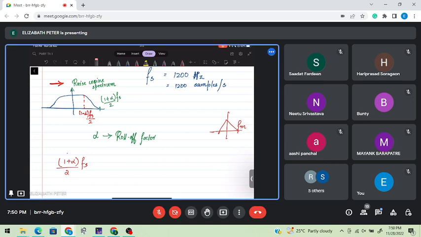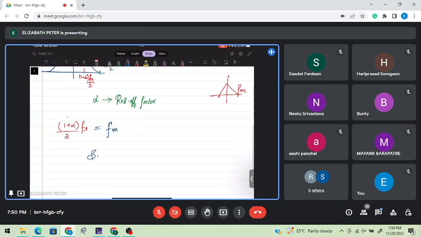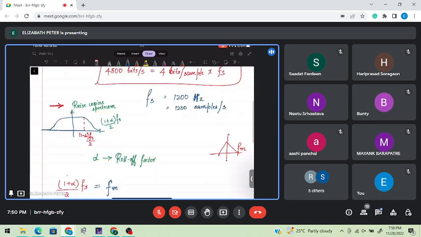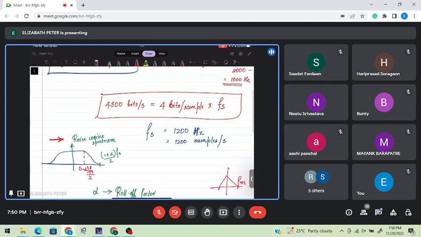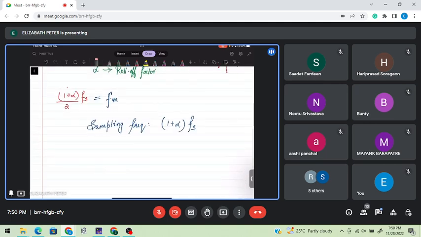So this is the bandwidth, and the sampling frequency that I will use will be (1 plus alpha) fs, right? But I know the sampling frequency that is being used, this fs.